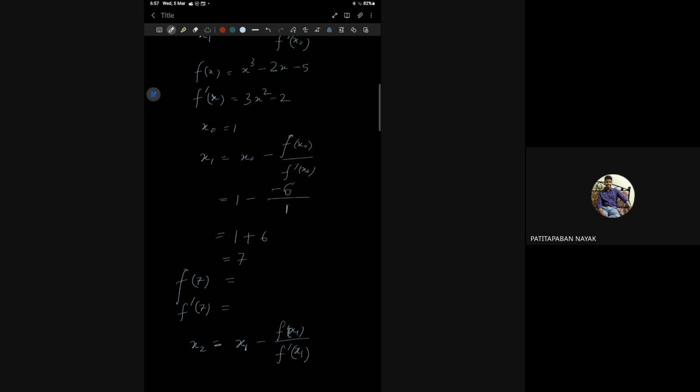Sir, is this the way a modern computer finds the answer? Yes, if we write a program, the computer will do these steps; it is not visible to us, but the backend goes like that only.